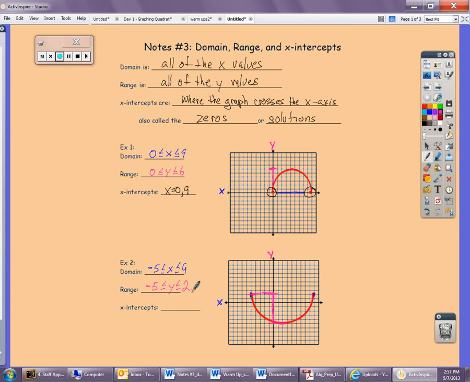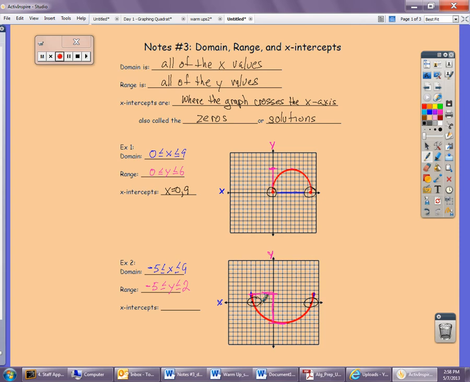Now with these, the x-intercepts are where it crosses the x-axis. Once again, we have a point here and another point here. These don't cross right at an exact point. Later on, I'm going to show you how we can use the graphing calculator to find that. But for now, we're going to say it crosses in between these two points.